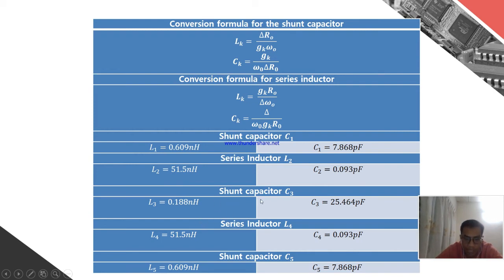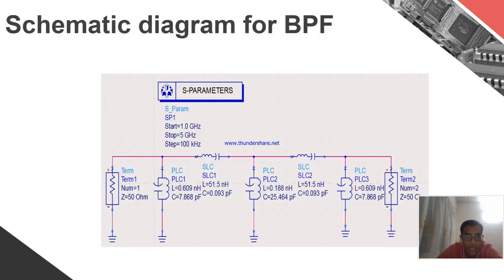For the shunt capacitor 3, the inductor value is 0.188 nanohenry, and capacitor 3 is 225.464 picofarad. Basically the value for series inductor L2 is the same as series inductor L4, and series capacitor 1 is the same as shunt capacitor C5, because the element values are the same.